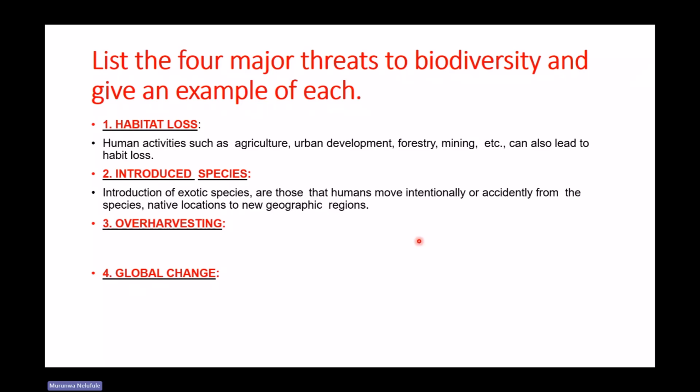Because they have dominated it, they require more water. It means that if there was a stream of water across the region, that stream no longer sustains itself compared to what it used to do, therefore leading to habitat loss. And when it leads to habitat loss, certain species are not going to be there.